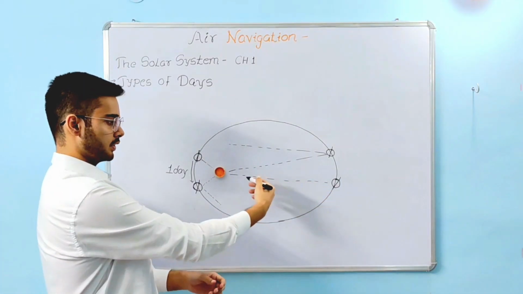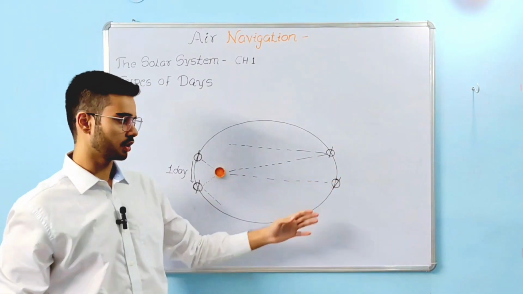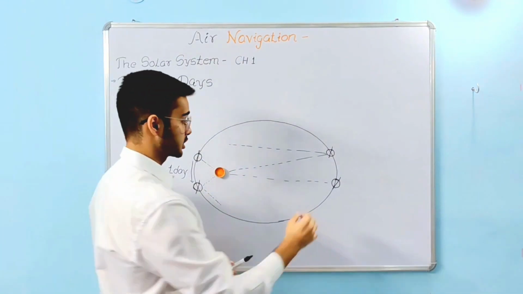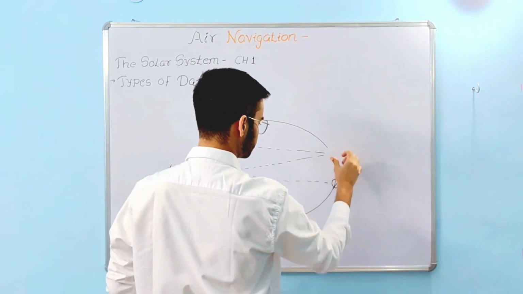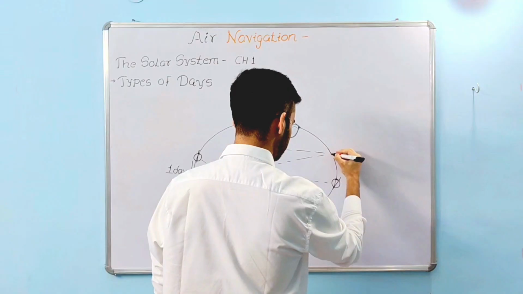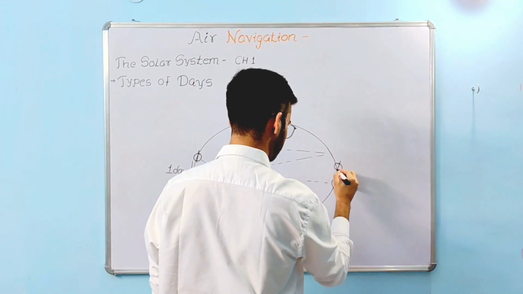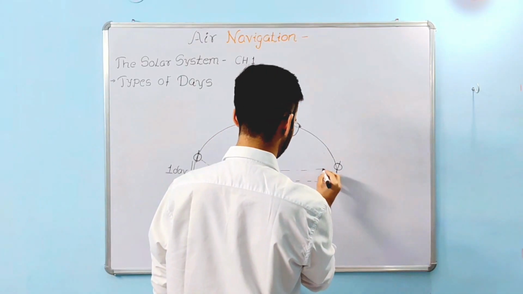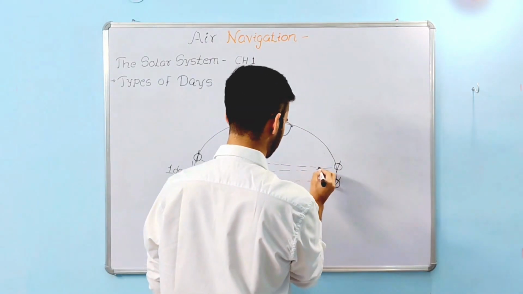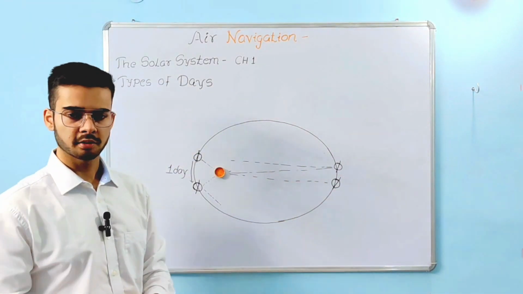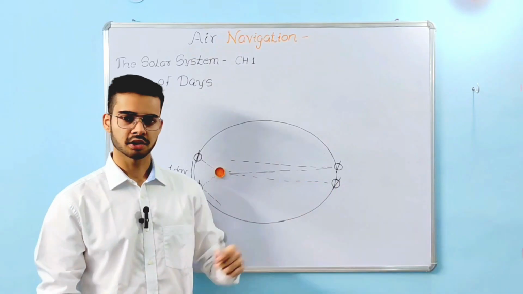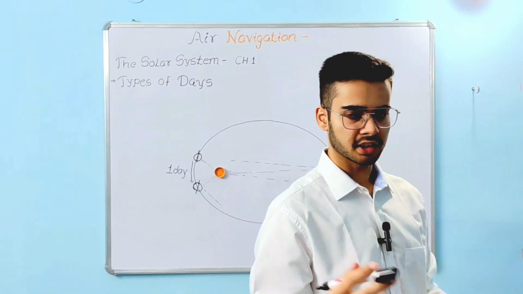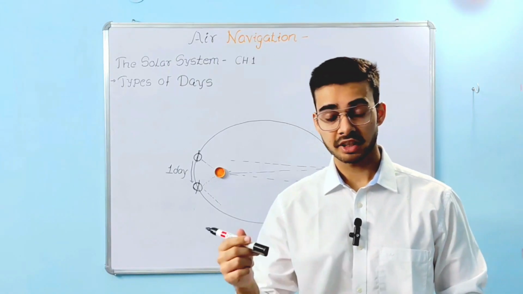Similarly here, if it reaches this part of the orbit, let me correct it a bit. Just a second. Correction was needed because in this part of the orbit, Earth moves a bit slower because of the law of areas as we studied in Kepler's laws.